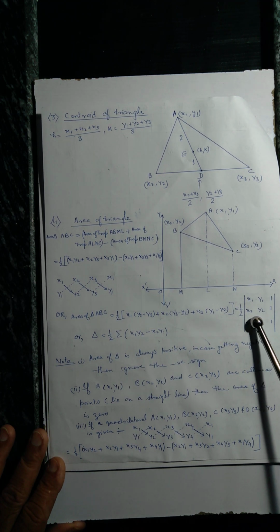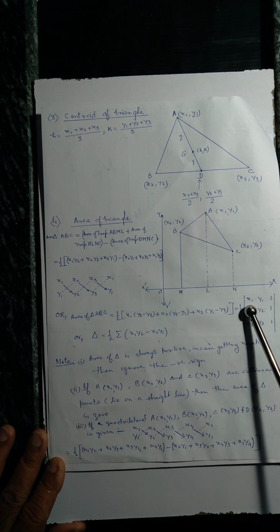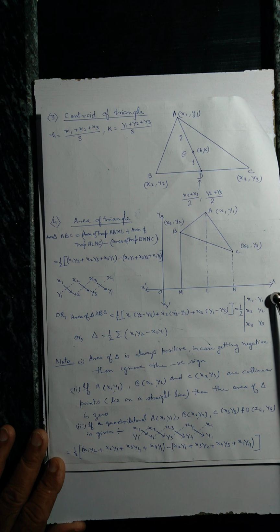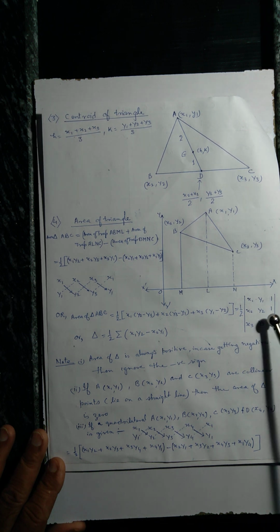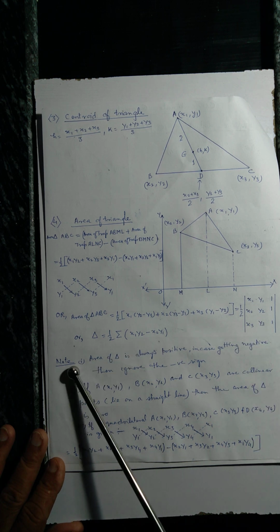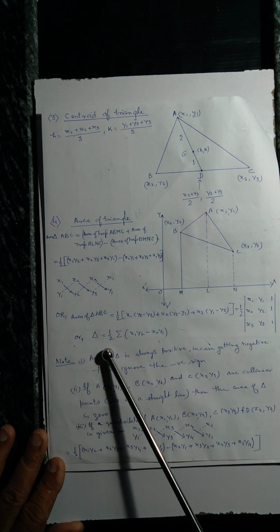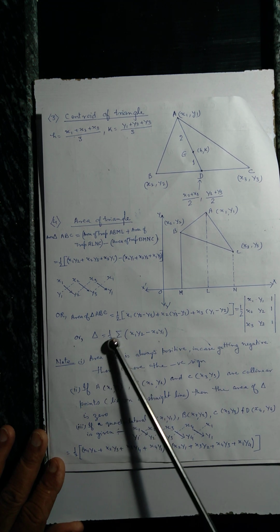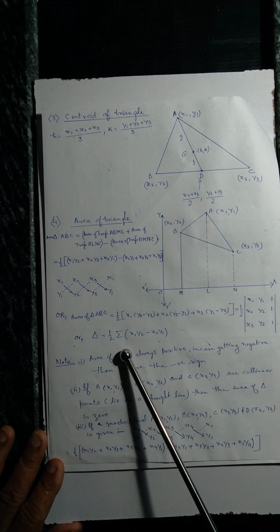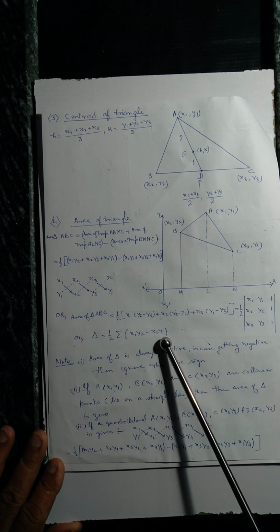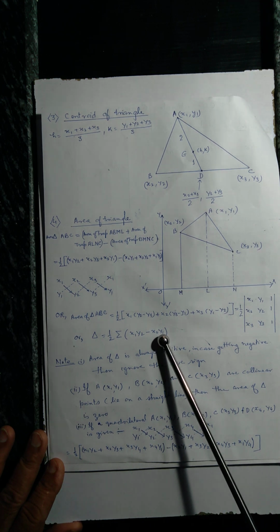Again the determinant formula, you can say x1 y1 1, x2 y2 1, x3 y3 1. So it is a determinant of 3 by 3 order, with 1 by 2 before that. So you can just remember it like this, 1 by 2 sigma, means summation of x1 y2 plus x2 y1.